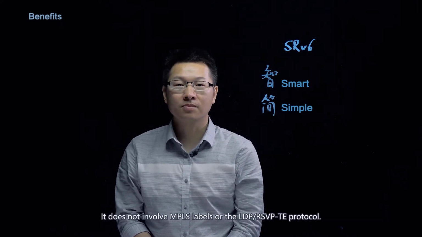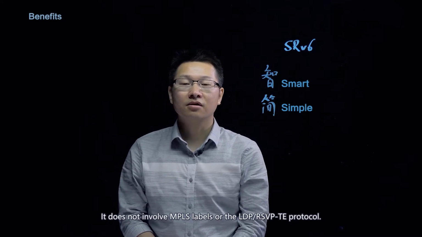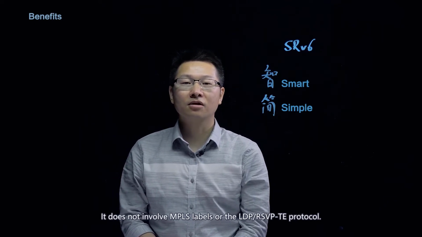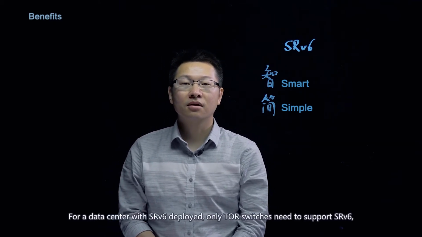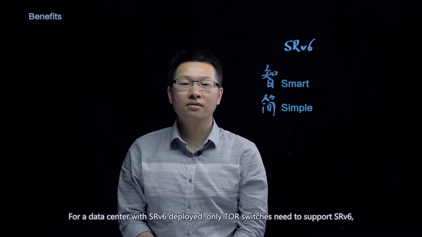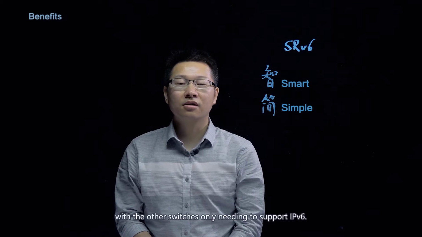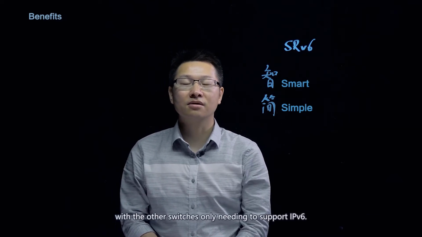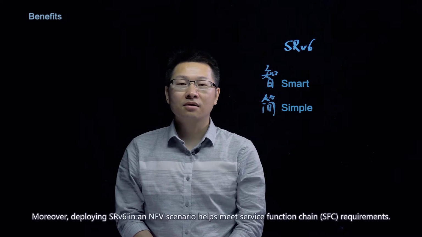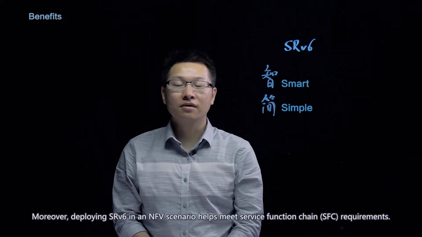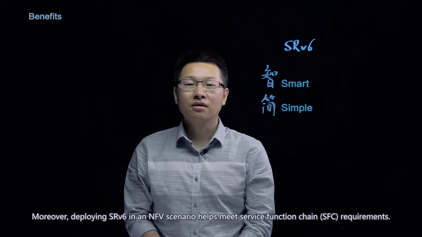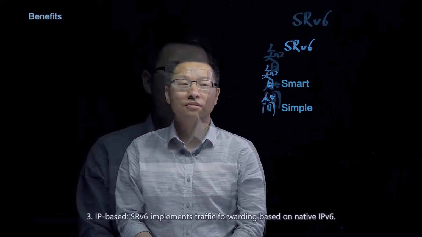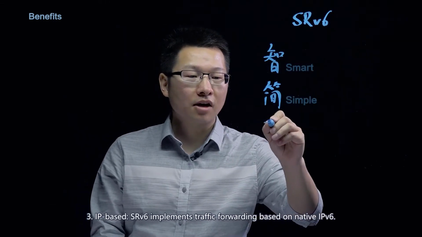It does not involve MPLS labels or the LDP or RSVP-TE protocol. For a data center with SRv6 deployed, only TOR switches need to support SRv6, with the other switches only needing to support IPv6. Moreover, deploying SRv6 in an NFV scenario helps meet Service Function Chain, or SFC, requirements. 3. IP-based.